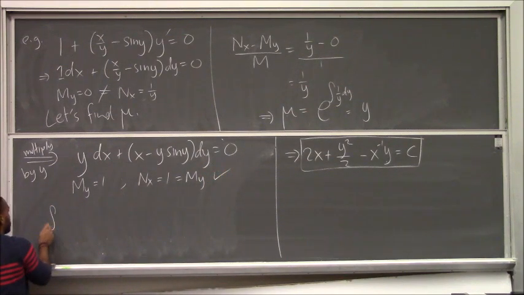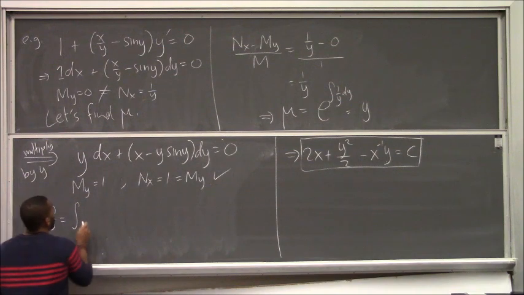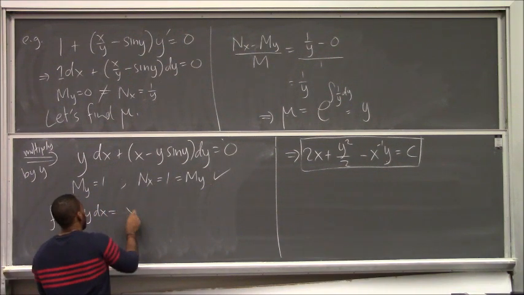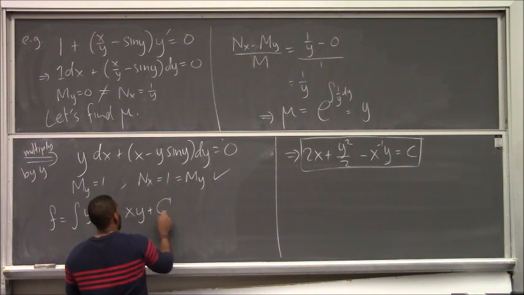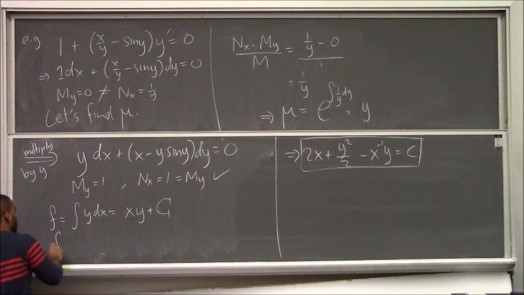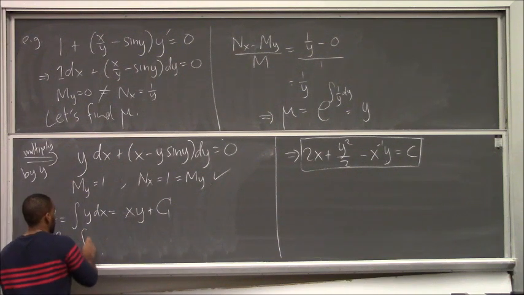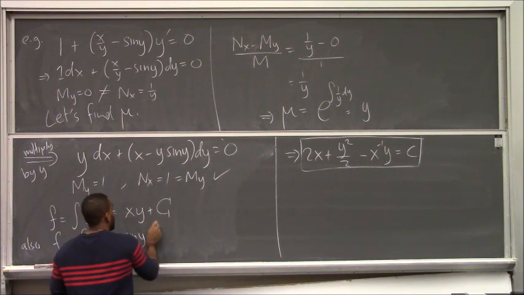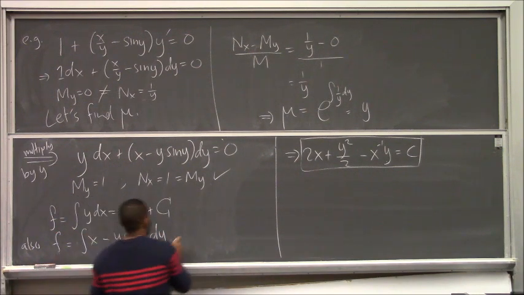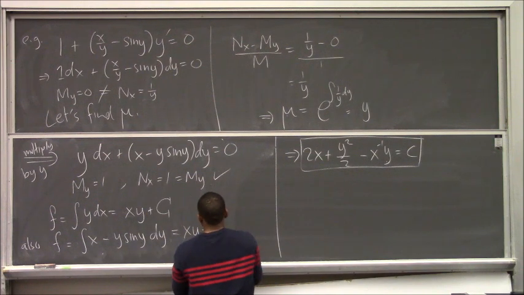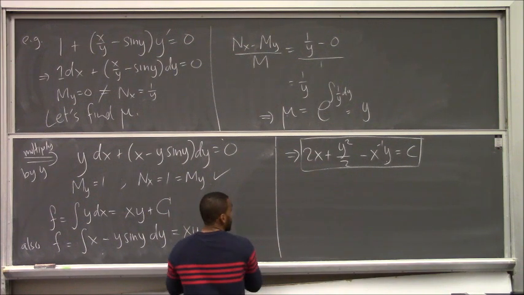And so our f is going to be equal to the integral of y dx, so I have a constant. And also, f is going to be equal to the integral of (x minus y sine y) dy. That's going to be xy minus, how do we do this guy?